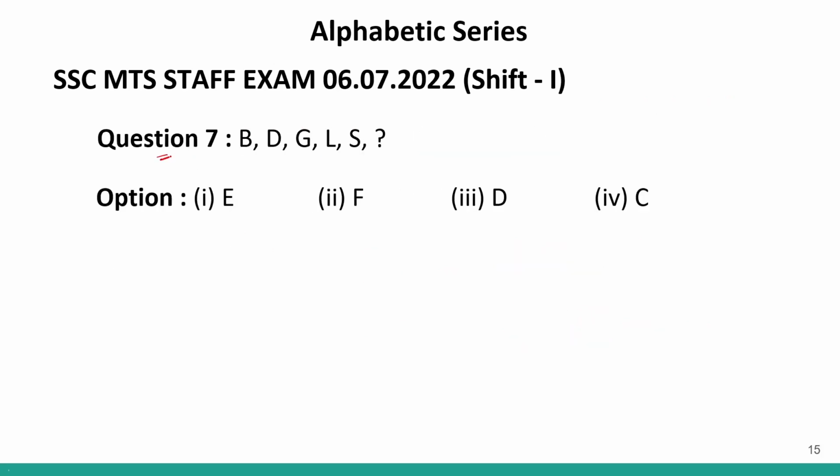Moving forward to question number 7. I am giving them forward ranks. B is 2, D is 4, G is 7, L is 12 and S is 19. Correct? So we get 2, 4, 7, 12 and 19. 2 to 4 is plus 2. 4 to 7 is plus 3. 7 to 12 is plus 5.